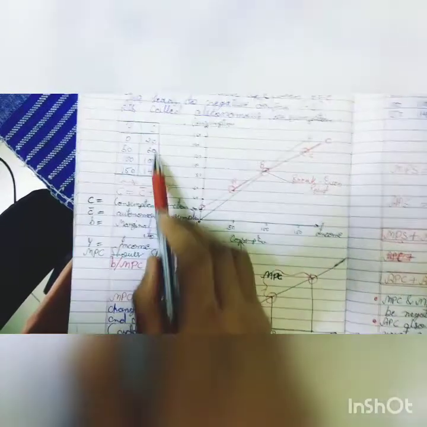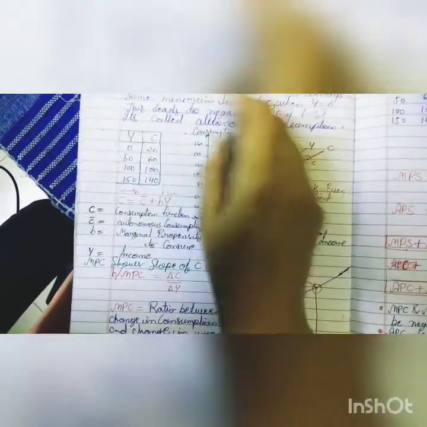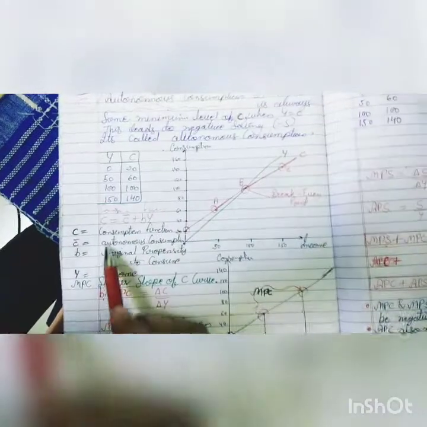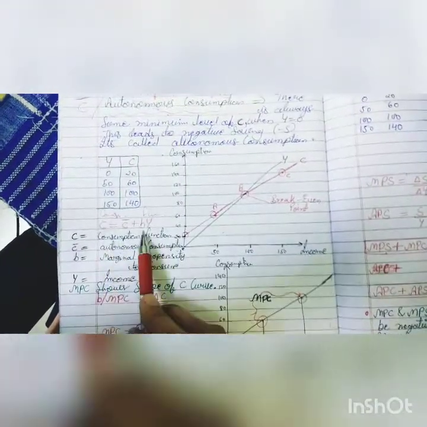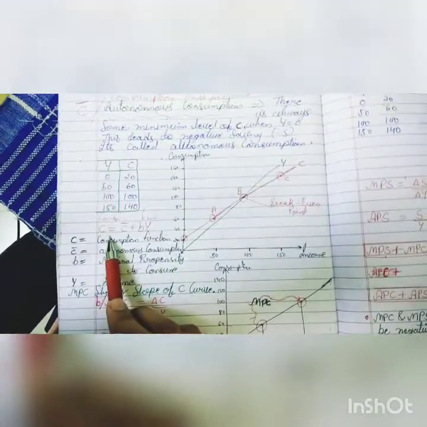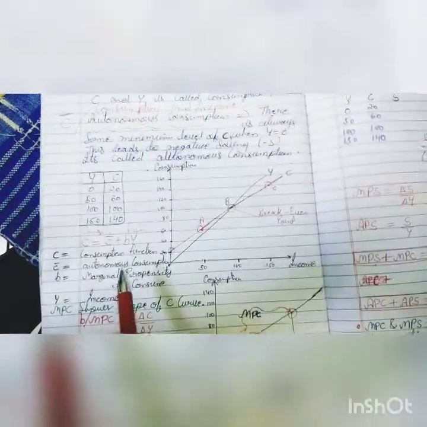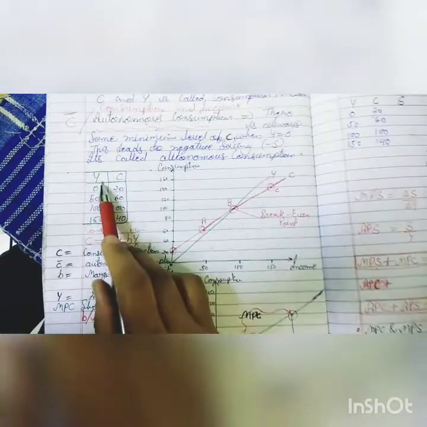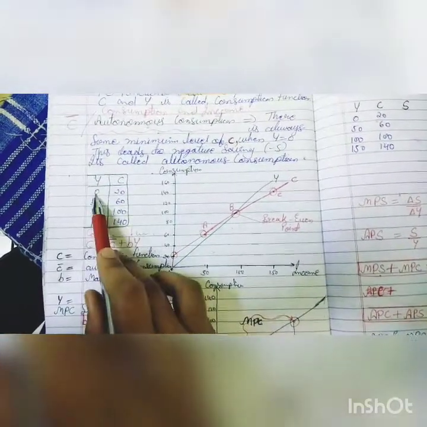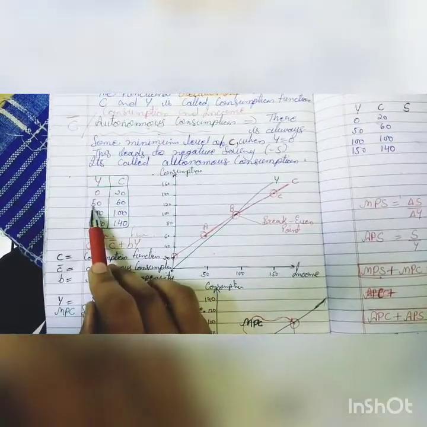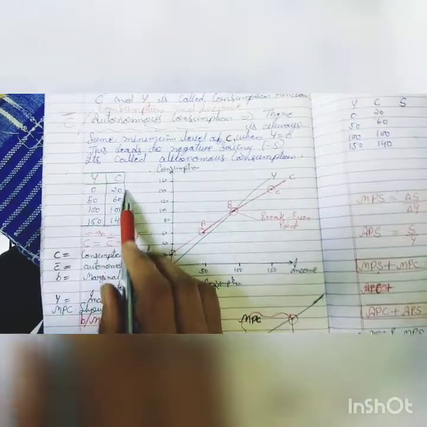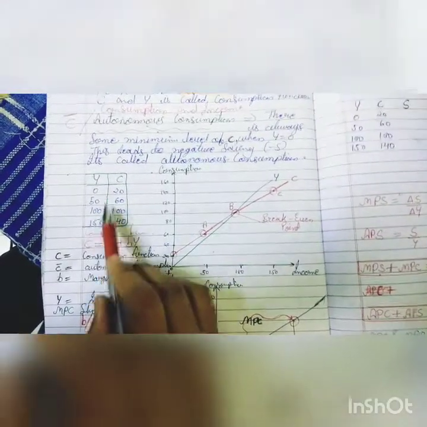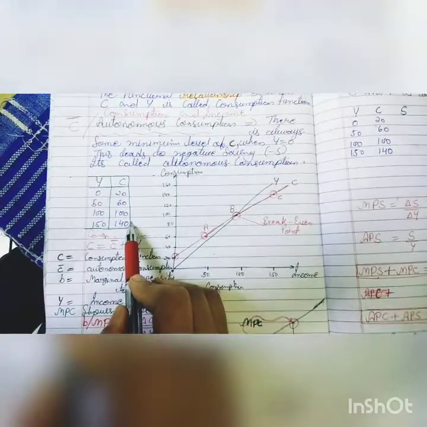First see the relationship of the consumption function with the diagram. After that I will explain this equation. A table is given with Y and C data. When income is 0, consumption is 20. Income increases to 50, consumption is 60. Income 100, consumption 100.